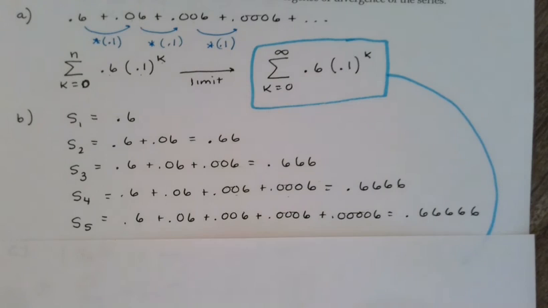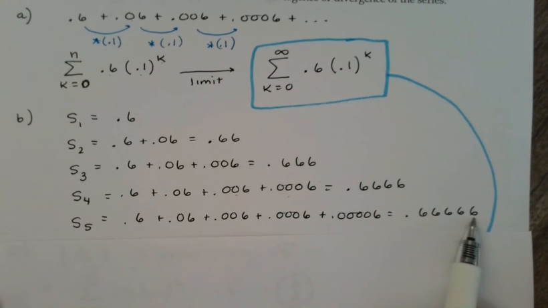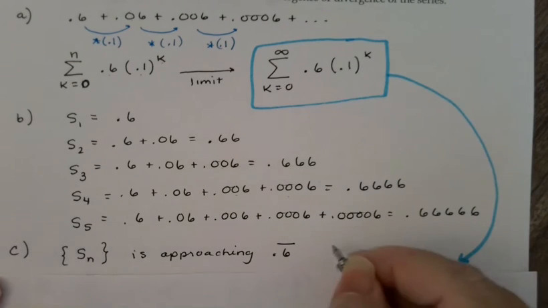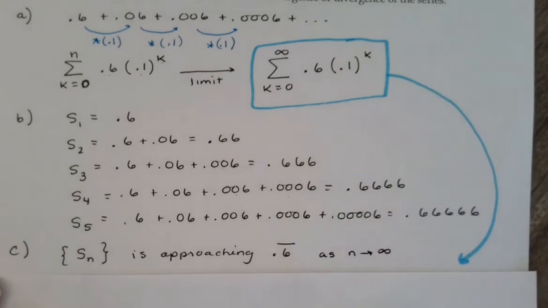All right, just by inspection. I'm not going to do any actual math here. I'm just going to look at that and say, what's happening? What do you think S sub n is tending towards? Certainly it seems like if I had infinitely many terms, I would just have 0.6 repeating infinitely many times. So I'm saying S sub n is approaching 0.6 repeating as n goes to infinity.